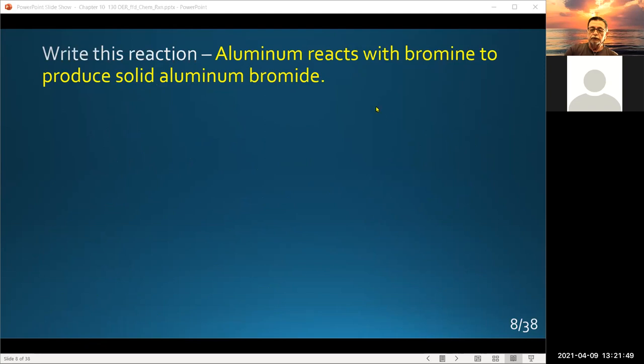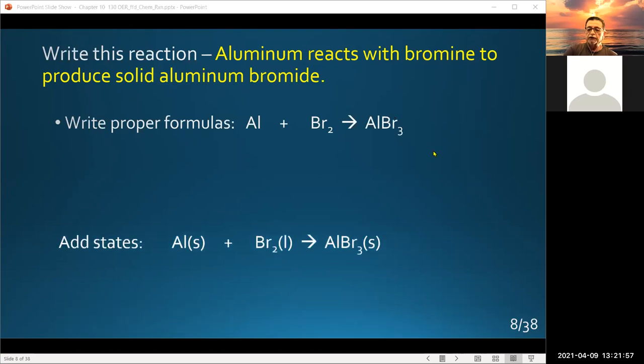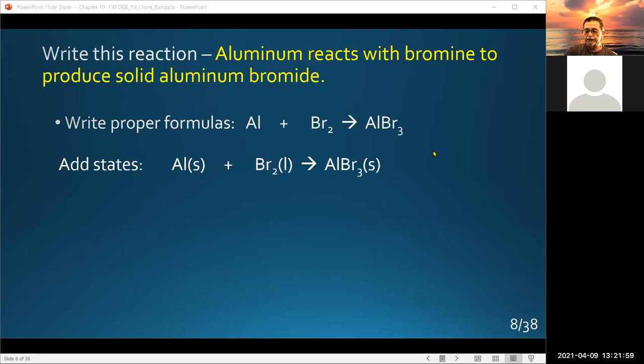So let's clear my mess, and we'll bring in the reaction. So we write the proper formulas. We add in the states as we go along, and then we balance the material. We got a 2 there, a 3 there, and then we had to balance the aluminum. And so now we have our balanced chemical reaction.